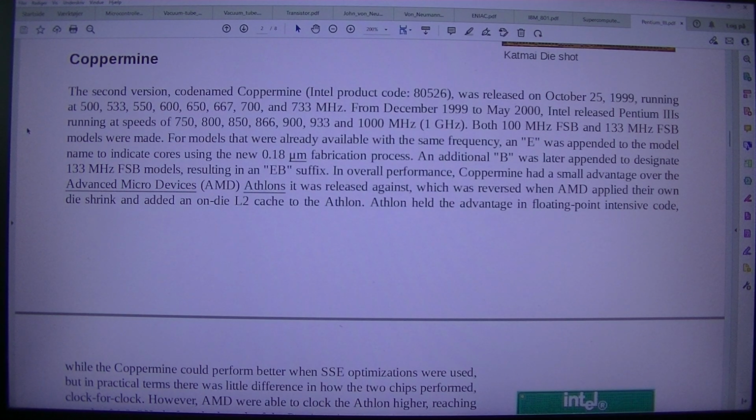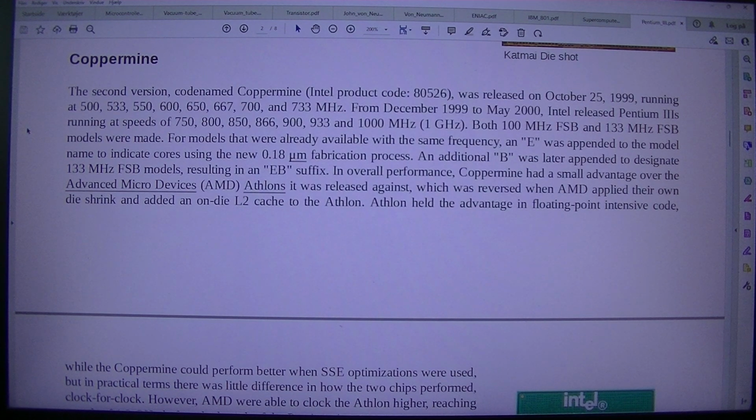From December 1999 to May 2000, Intel released Pentium III running at speeds of 750, 800, 850, 866, 900, 933 and 1000 MHz, 1 GHz.